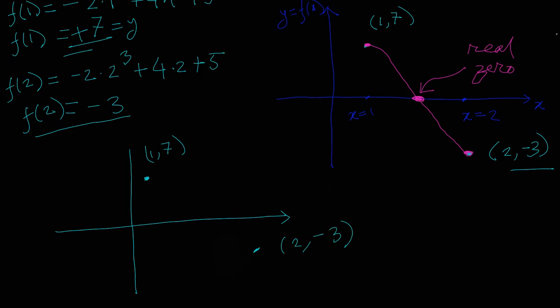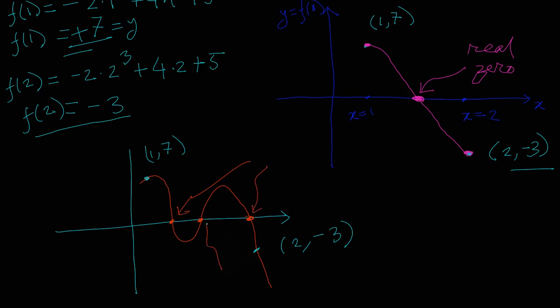Now as this polynomial function is continuous between these 2 points, in the previous case I have only one real 0. Now let us see, my graph could intersect more than 1 point. So in this case I have 3 real zeros.